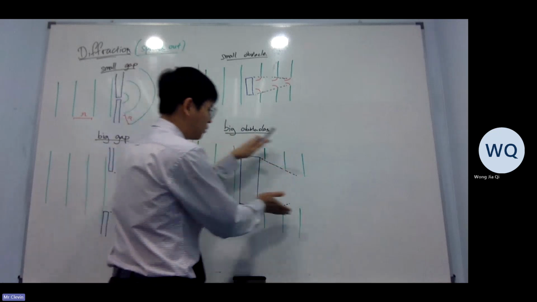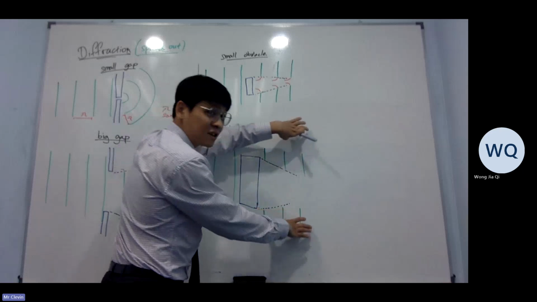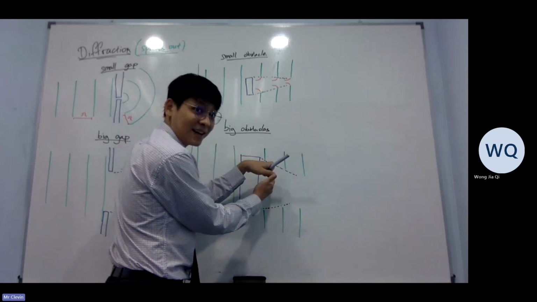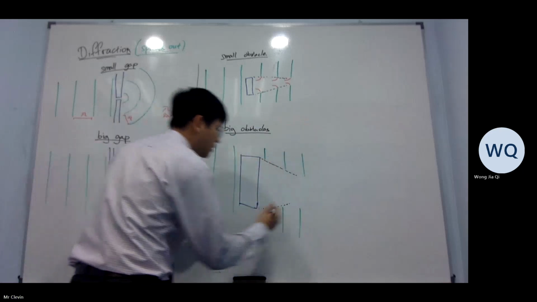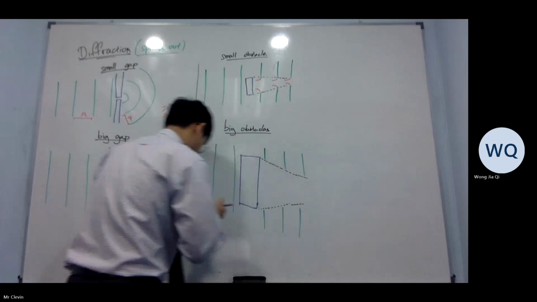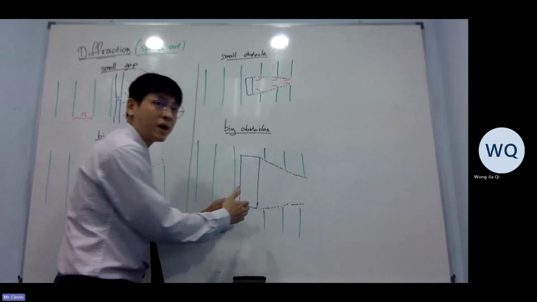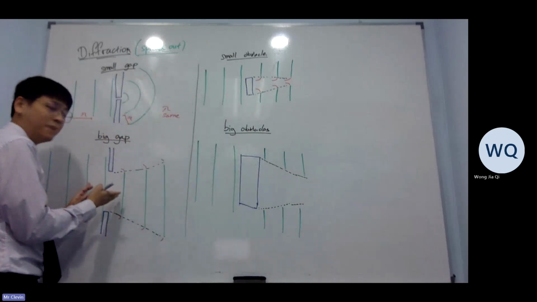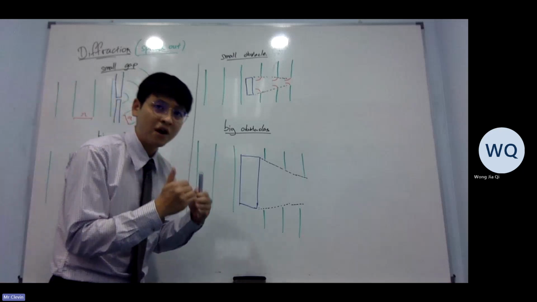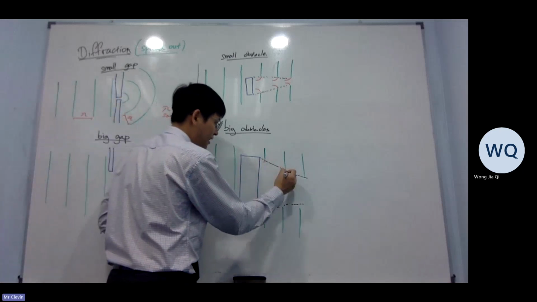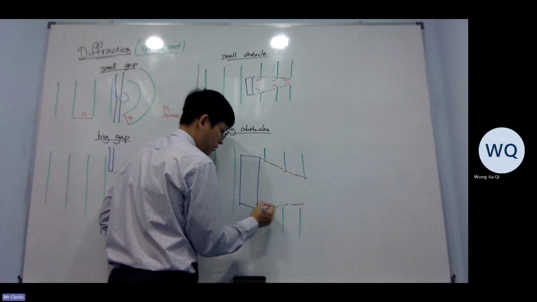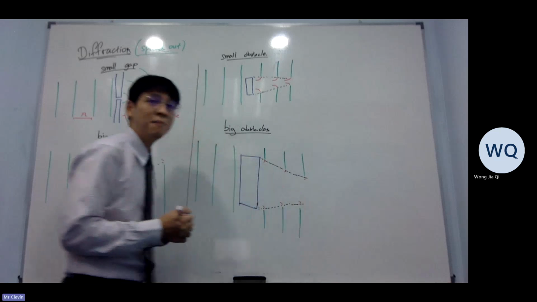Because we know any of the water wave outside is not affected. It's only the affected one inside. And for this one, it's similar to the big gap. It only has a very subtle effect, only a bit. This is a subtle effect of bending.